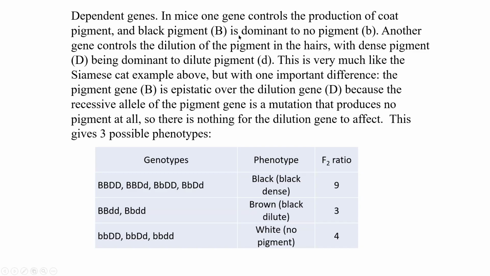So the black pigment, so that's the color. You have black pigment, you have no pigment. Another gene that controls the dilution of the pigment in the hairs, with dense pigment being D and dilute pigment being small d, right? And it says the pigment gene B is epistatic over the dilution gene. Okay, I got it. All right, so here's the basic idea.